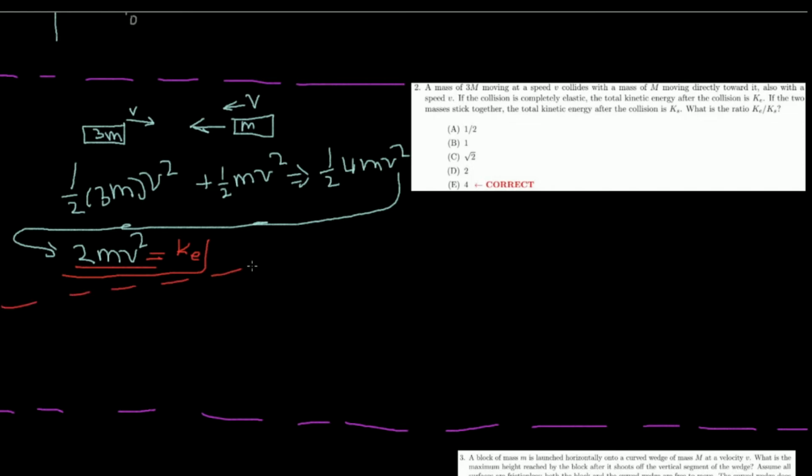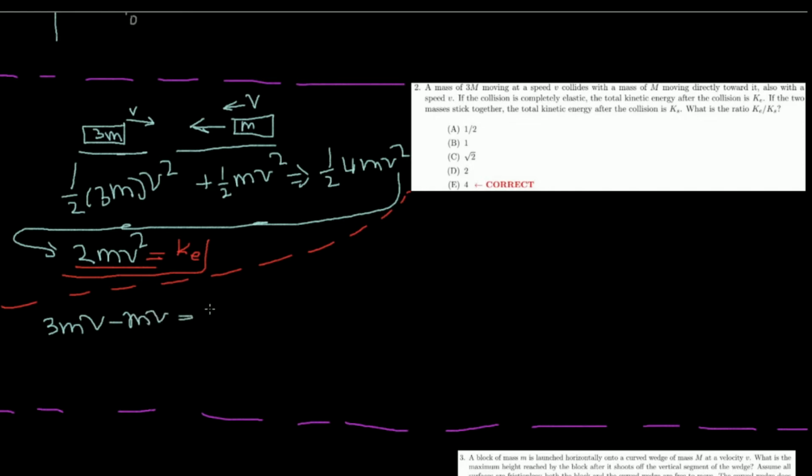So now we essentially just need to find the kinetic energy, assuming that the masses are in an inelastic collision. To do that, we could use conservation of momentum. So from this image above, initially we have 3mv minus mv.